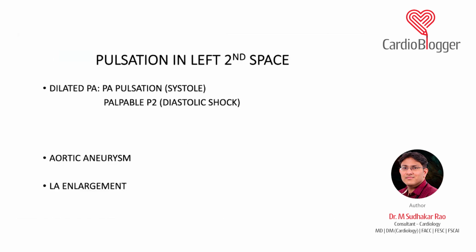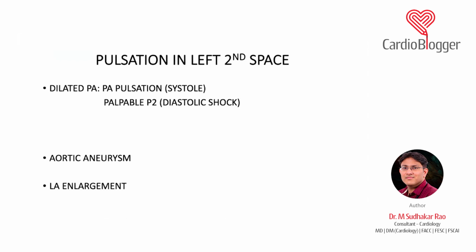Now coming to the pulsations in the left second intercostal space, as I have told you, but just revise that: it always suggests a dilated pulmonary artery, and pulmonary artery pulsations can be systolic. However, a palpable P2, which is also known as a diastolic shock, in patients with severe pulmonary artery hypertension, we get a palpable P2, and that is known as a diastolic shock.